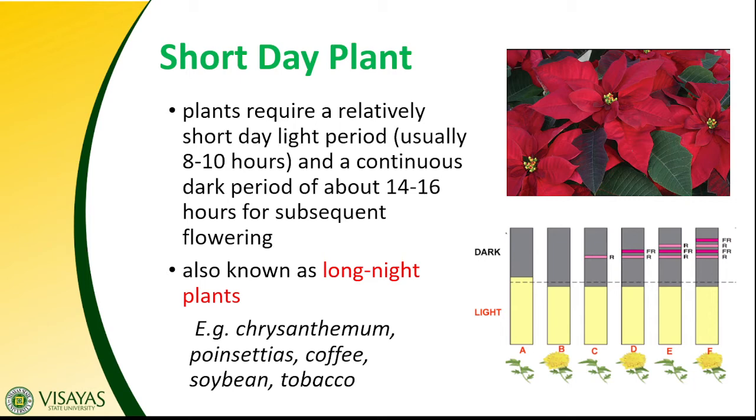So with this, we can say that it's the last exposure of the light being used to interrupt the dark period that will determine whether the plants will flower or not. So here, if it is R, the plants will not flower, but if FR, the plants will flower.